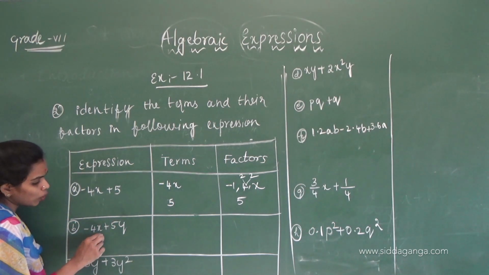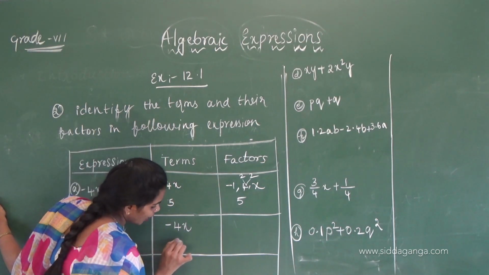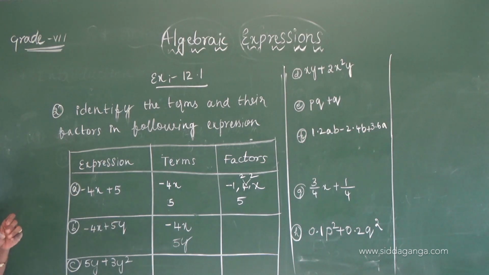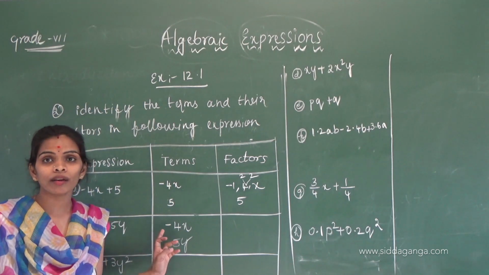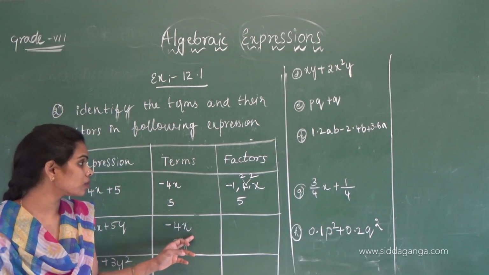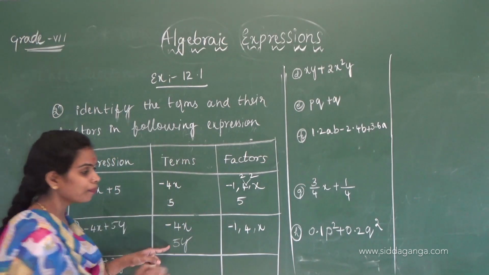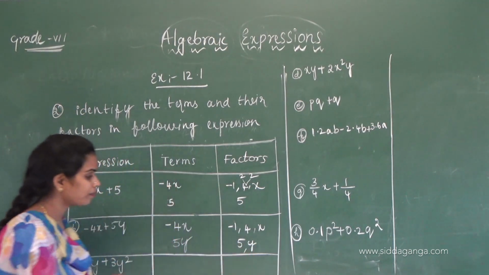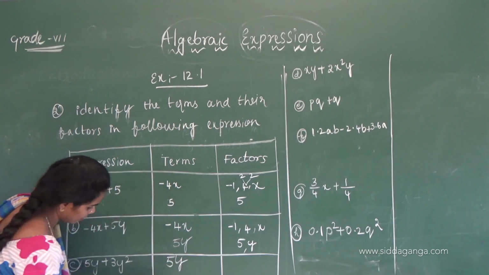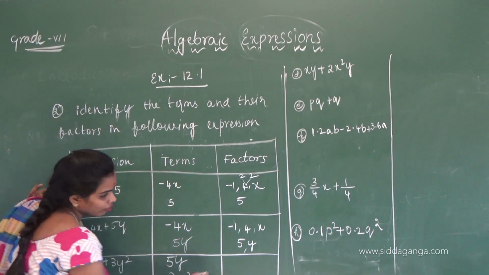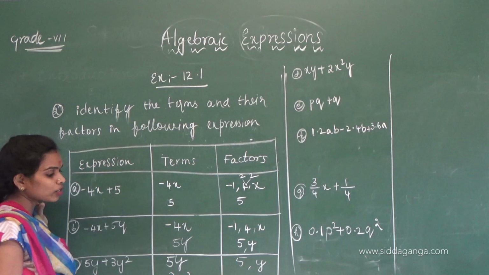And then -4x plus 5y. -4x is one term and 5y is one term. Here what are the different terms? -4x and 5y. The factors of -4x are -1, 4, x, and 5, y are the factors of 5y.